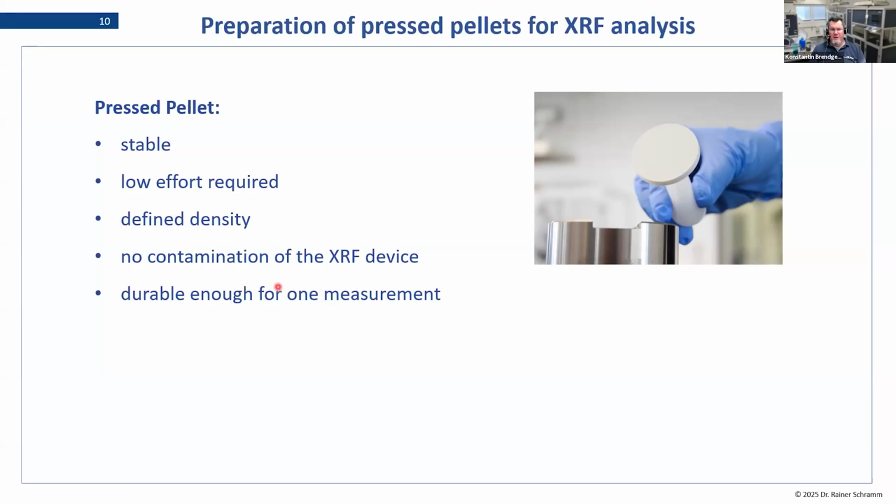Don't store them like you would other preparations. And if you want to store the sample for later use, my recommendation is always use the powder. The powder you can store in the press pellet is really quick. So if you want to store it for later questions or later things, just store a bottle of the powder and not the preparation.